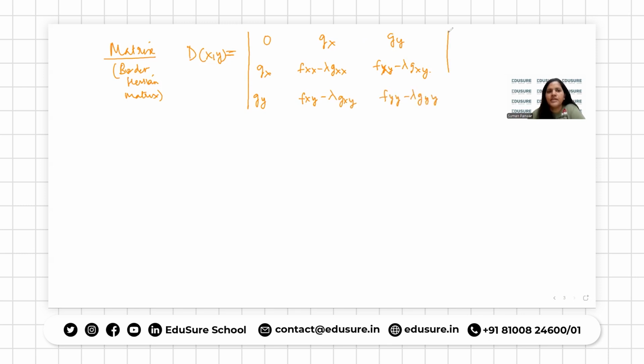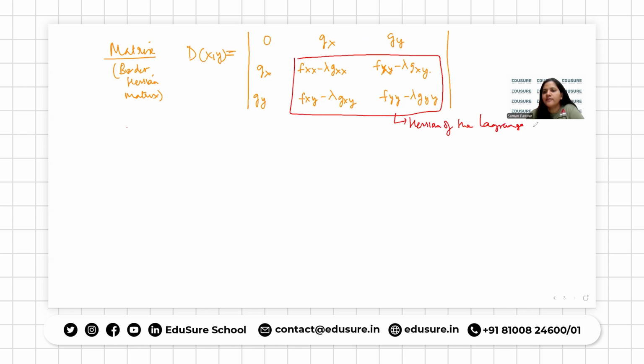Okay. Now, if we look at this 2 by 2 minor matrix, we see that this is the Hessian of the Lagrange's function. What was the Lagrange's function? F of xy minus lambda times g of xy minus c.